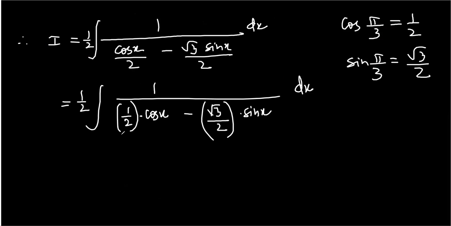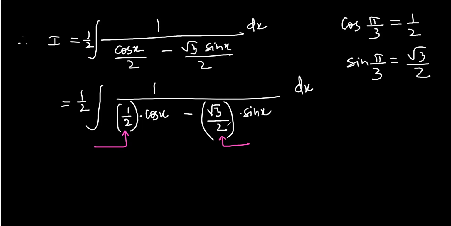Whenever you do this, you will notice that the number you have with cos x and the number you have with sin x can be written as cos of some angle and sine of the same angle. See how interesting this is. Cos pi by 3 is 1 by 2, and this is automatically sine of pi by 3.